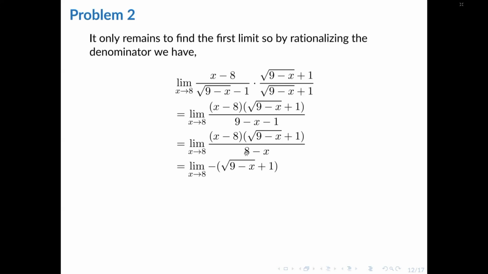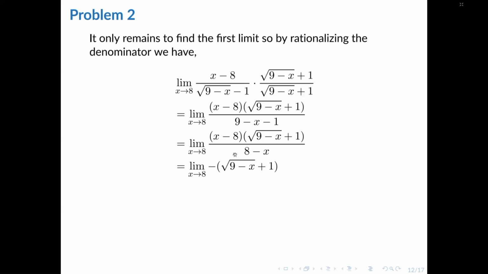So simplifying, we get x minus 8 multiplied by the square root of 9 minus x plus 1 all over 8 minus x. So you can notice that there is a common factor in the numerator and the denominator.